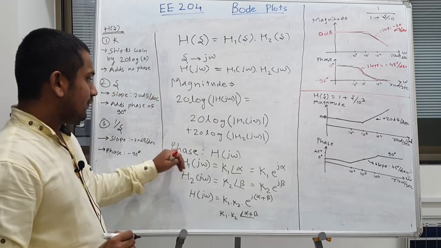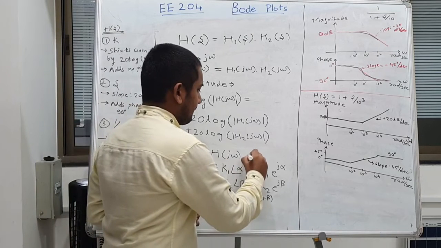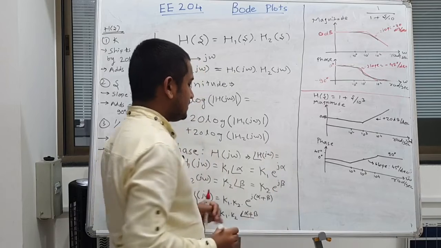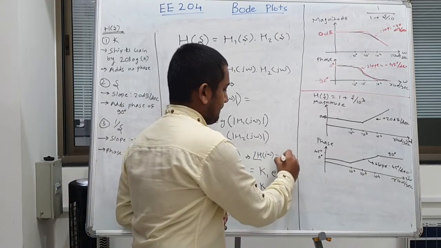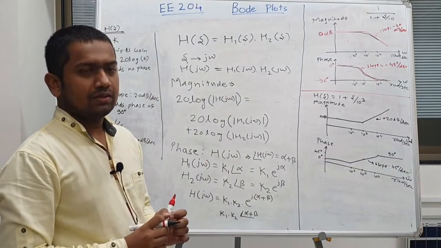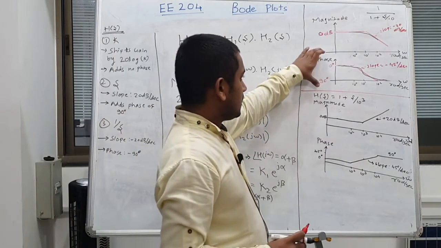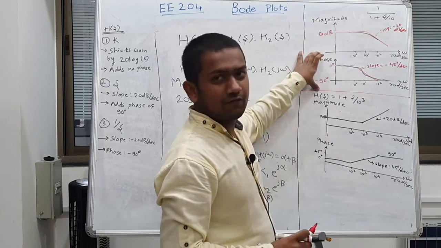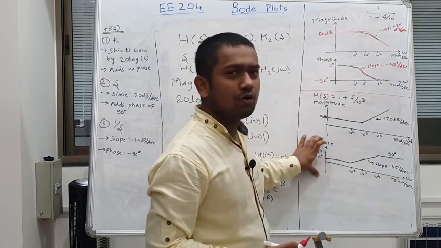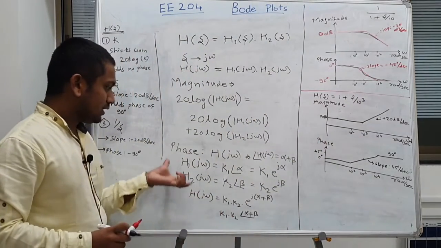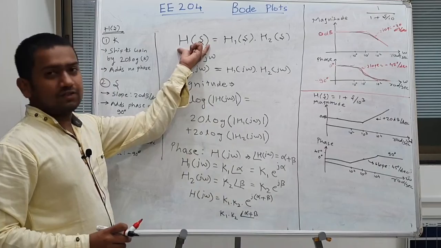It means the phase of H of j omega will be just the addition of two phases. This tells us that the phase of H1 of s and phase of H2 of s addition will give the final phase for H of s.